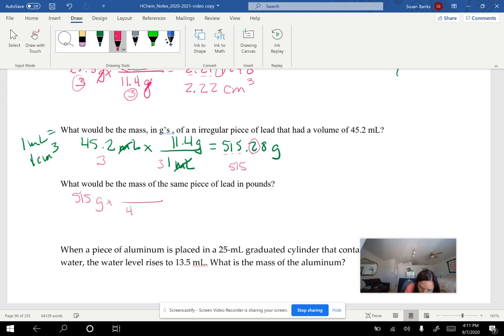Remember, 454 grams are equal to 1 pound. So my grams cancel. So 515 times 454, that gives me, oh, my calculator spits out this 20.